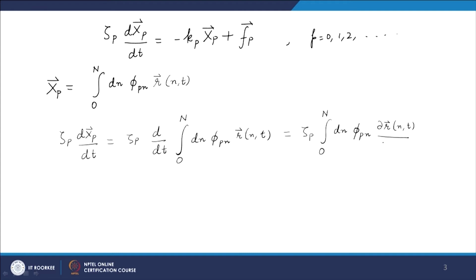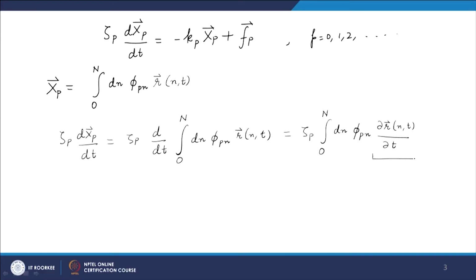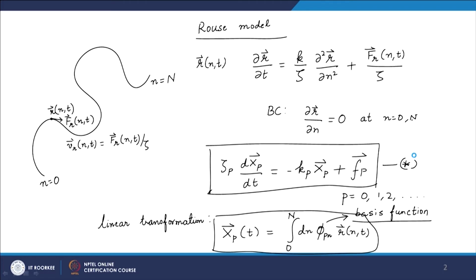we have to be slightly careful here, because outside it is total derivative d by dt, when it is moved inside, then since r is a function of both n and t, I have moved to partial derivative dou by dou t. But this we already know from the original equation, this is equal to the term we have on the right hand side.